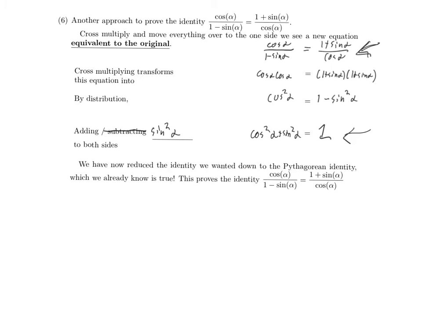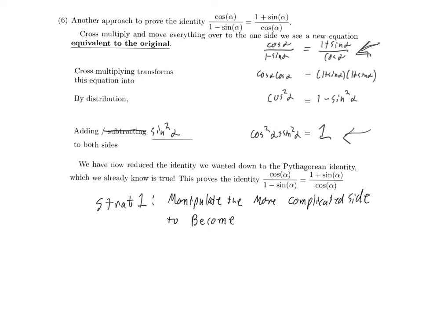Cool. So this gives us a second strategy to prove trig identities. So what are the two strategies? Strategy one is to manipulate the more complicated side until it becomes the simpler side.